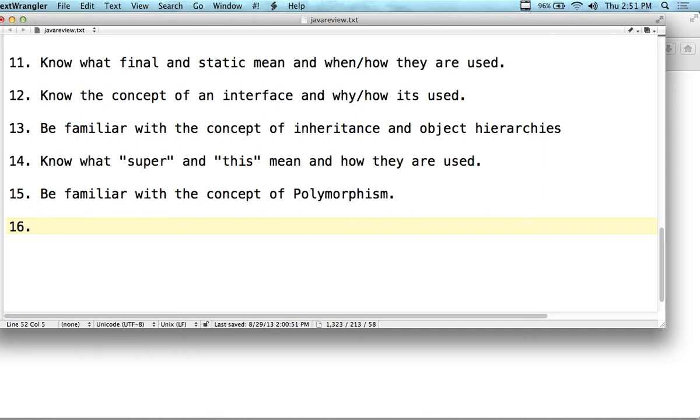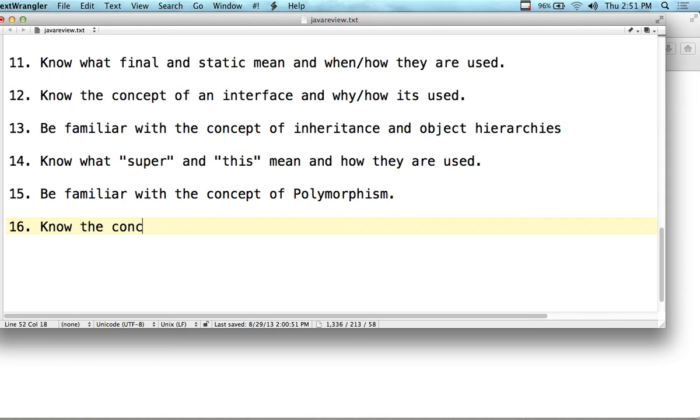We know that we can override and we can overload. When we override something, are we creating polymorphic behavior? 50-50 chance. Okay, so let me put this here.